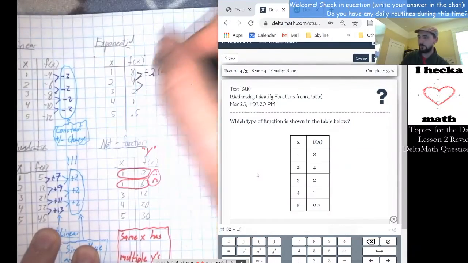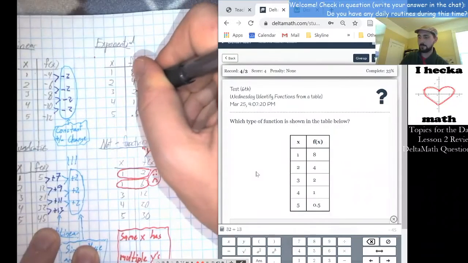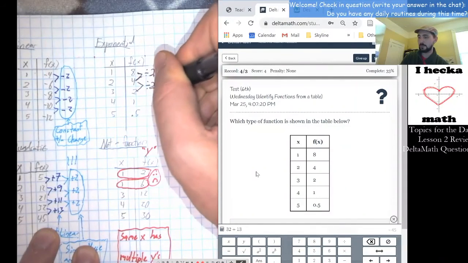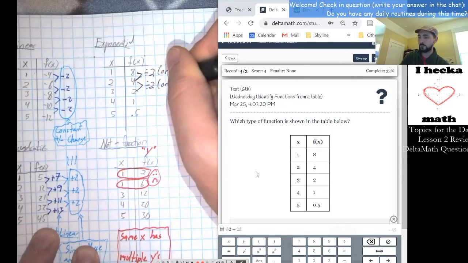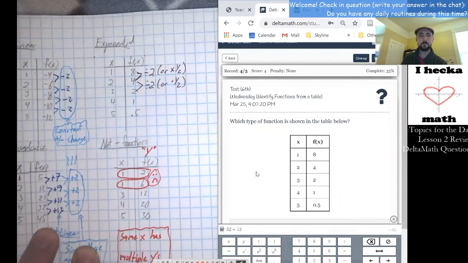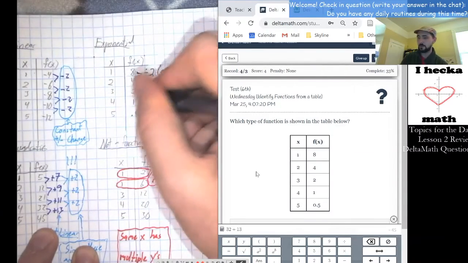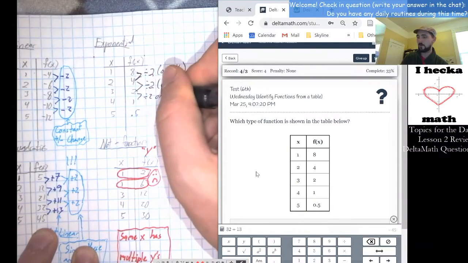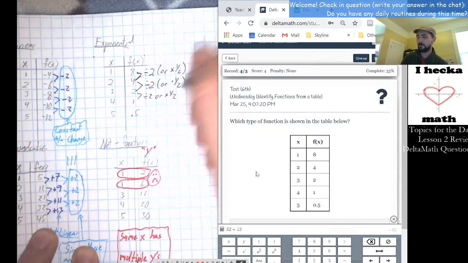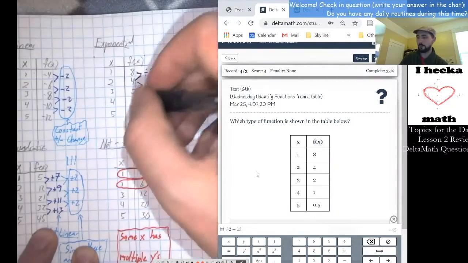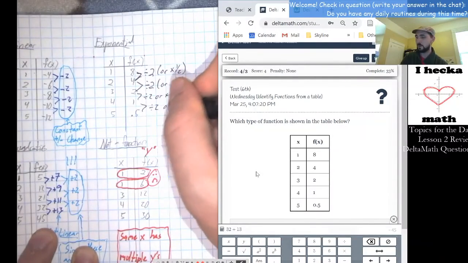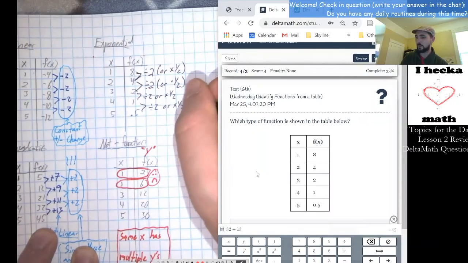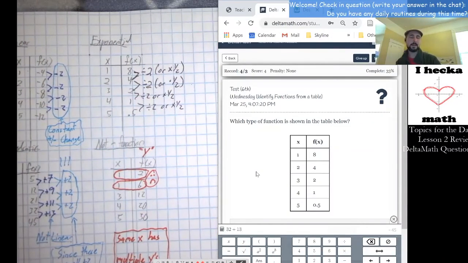To go from 4 to 2, you are again dividing by 2, which is the same thing as multiplying by 1/2, and etc., etc. To turn a 2 into a 1, you're dividing by 2, or multiplying by 1/2. And to get from a 1 to a 0.5, you're dividing by 2, or you're multiplying by 1/2.